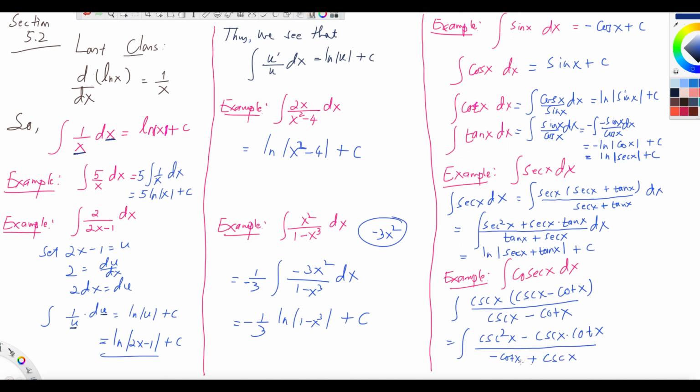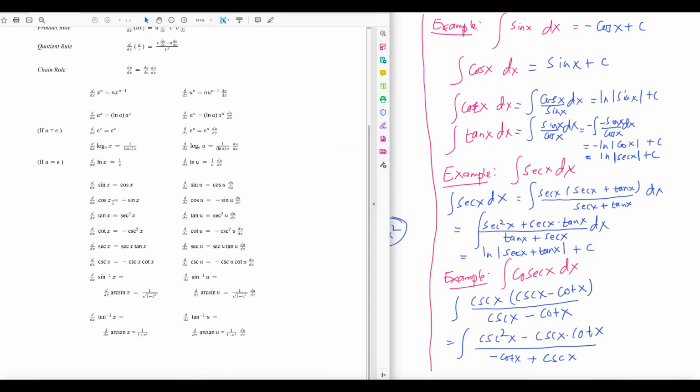Why did I do that? Because the derivative of negative cotangent x is cosecant square x, or you can say the derivative of cotangent x is negative cosecant square x. You can see it here, right? We have the formula table here. You see that the derivative of cotangent x is negative cosecant square x, or if you move that negative sign here, you can write the derivative of negative cotangent x is positive cosecant square x. That's what is happening here, right?